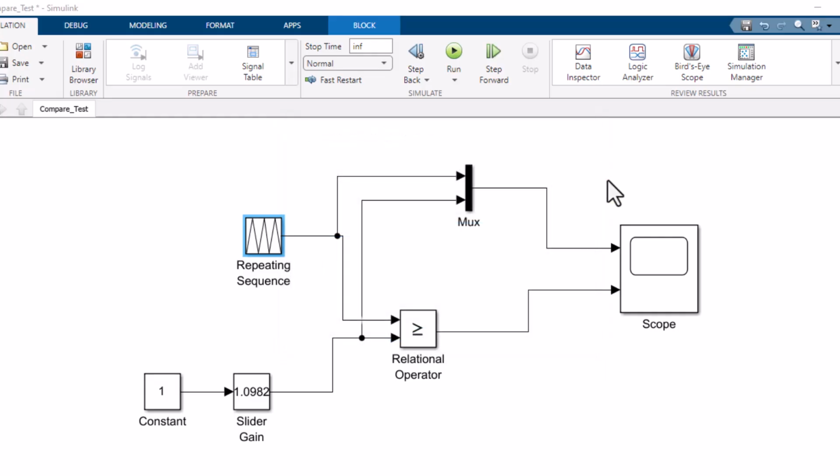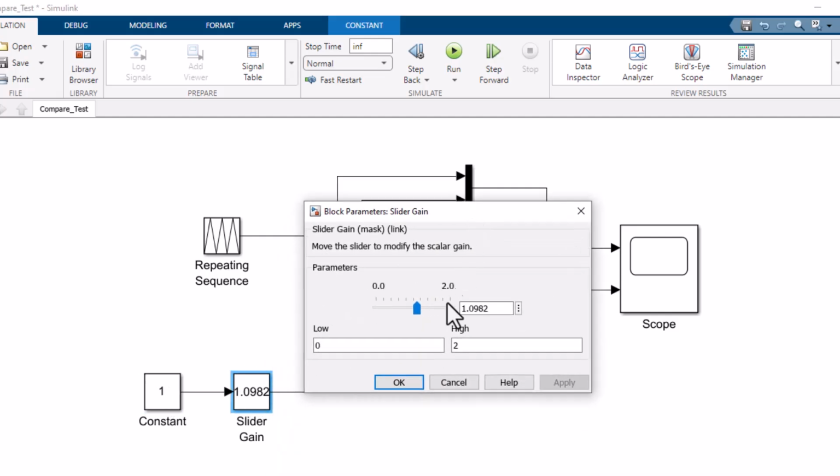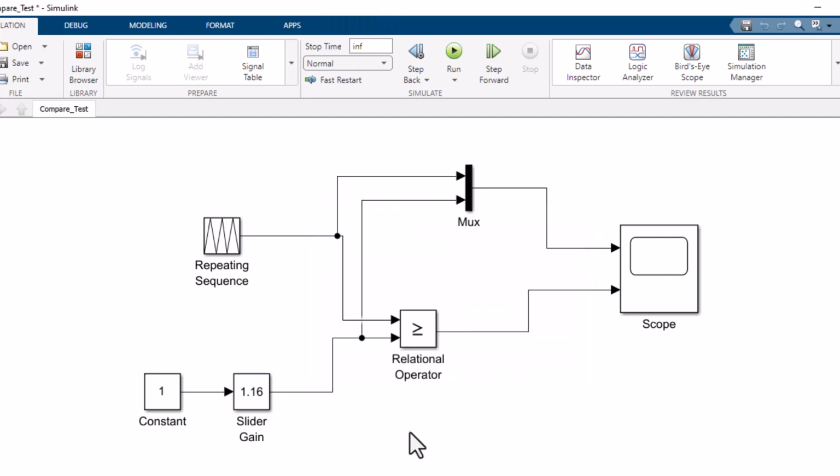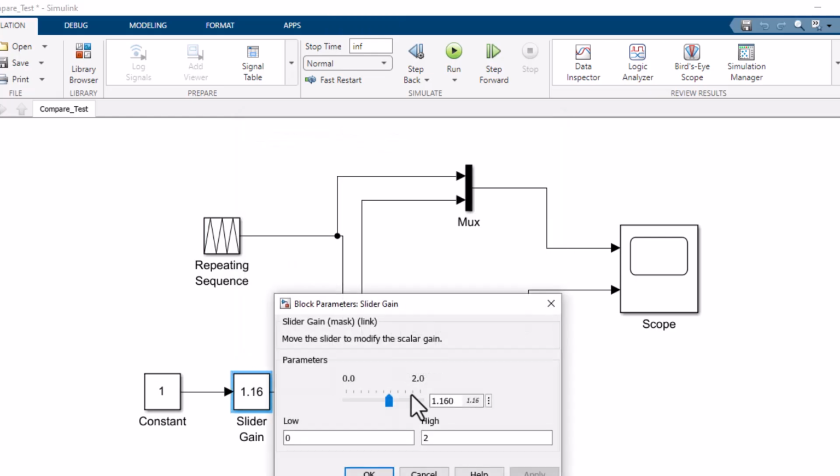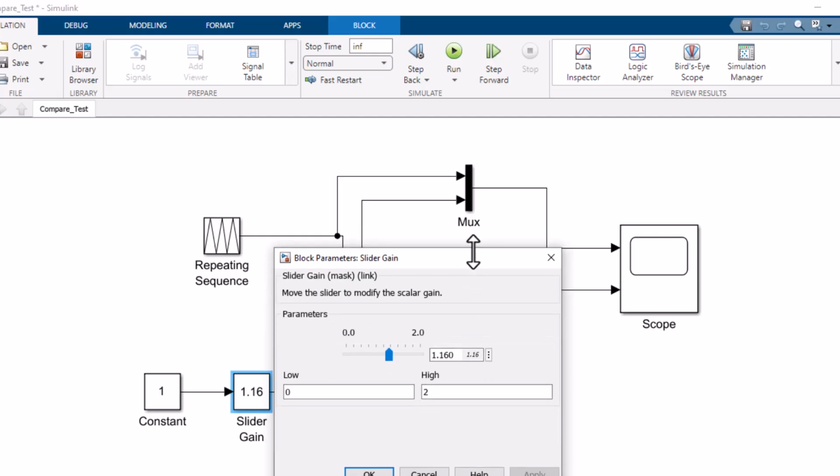So I'm intersecting a triangle wave with the constant, and to change the constant I gave the slider gain block. What is the meaning of slider gain? You can manipulate the values while running. If you see, the maximum y-axis is going to 2. That means my slider gain should not cross 2, as simple as that.